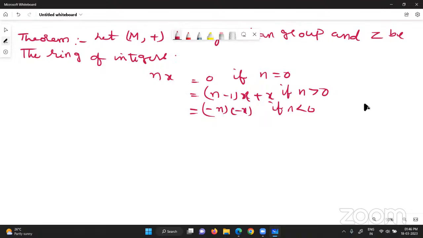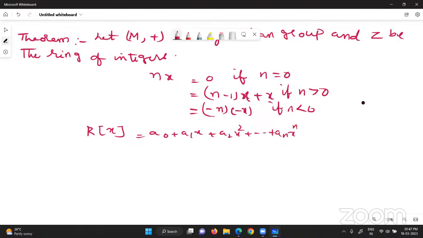Just to focus on the definitions of R-modules. Suppose you define the set of all polynomials over ring R, R[x], which is nothing but a0 + a1x + a2x^2 + and so on + an x^n. This is the ring of all polynomials.